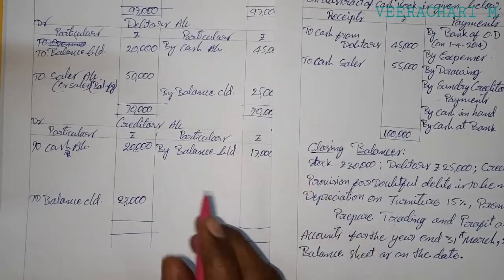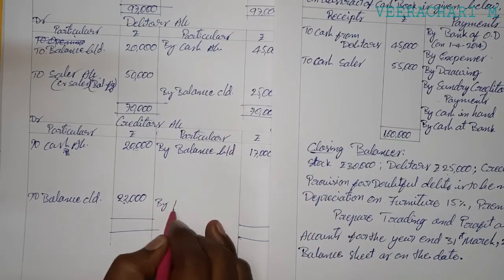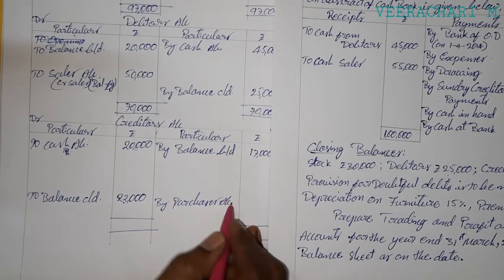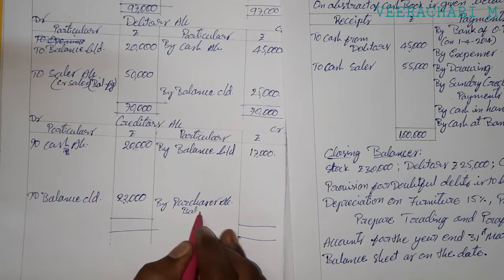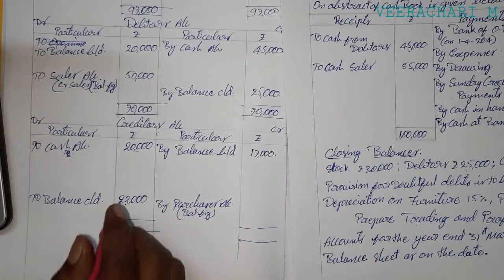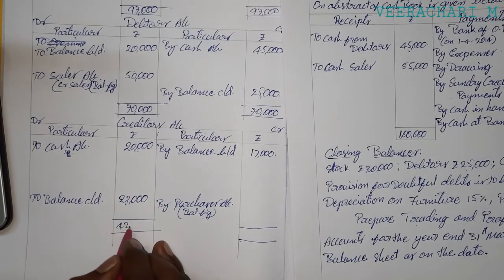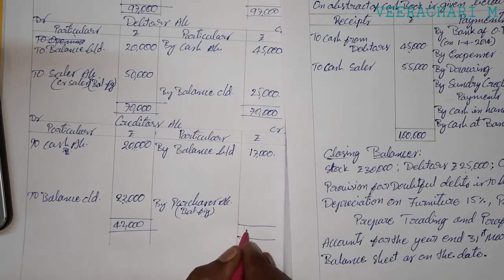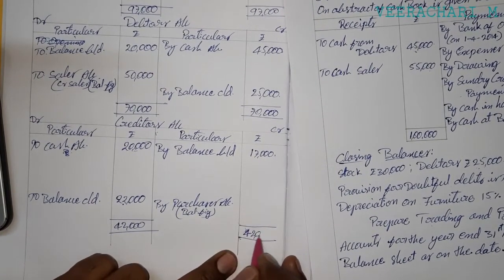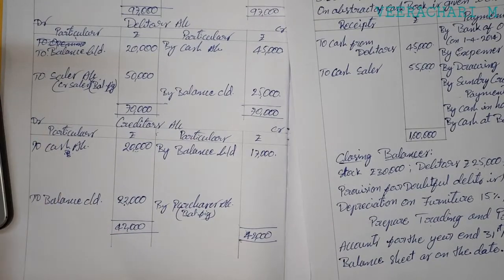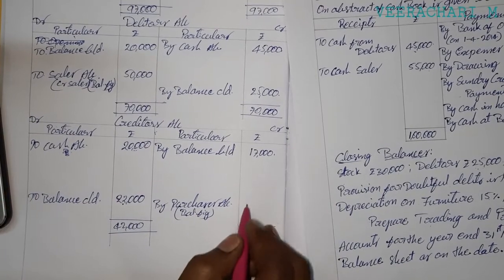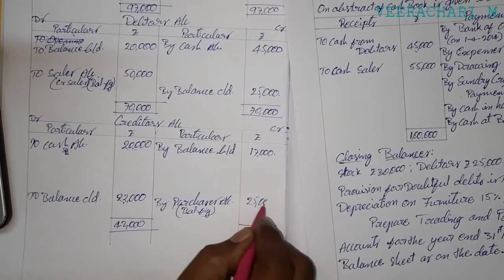Now whatever the difference by purchases account, that is the balancing figure. 20,000 plus 22,000 means 42,000, credit side also 42,000 minus 17,000, which is equal to 25,000 is the credit purchases.